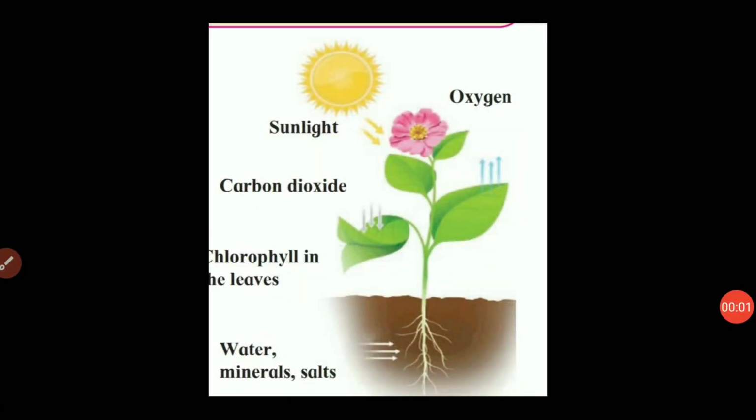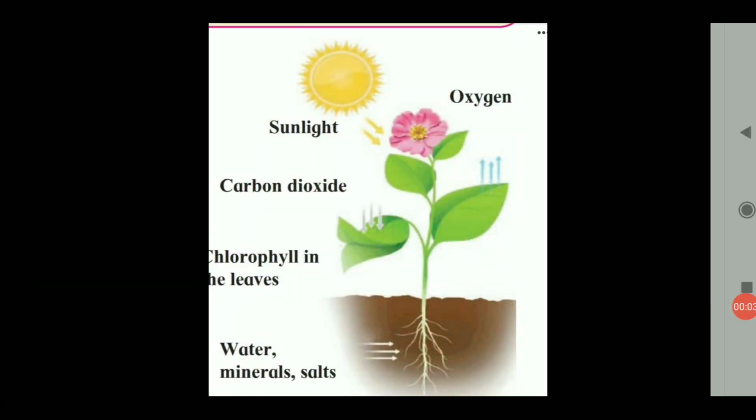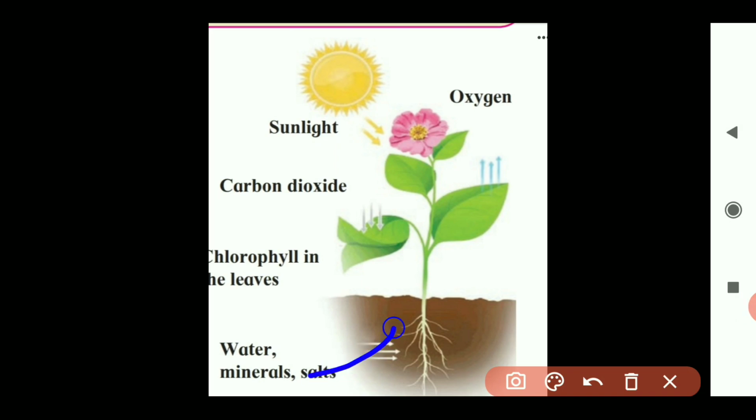Now you can see in this figure that plants absorb the water, minerals and salts from the soil with the help of roots. In the last chapter we already saw the types of roots, and this water and minerals are carried to the leaves.